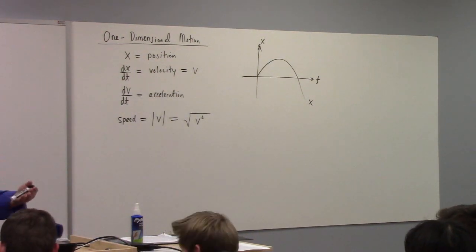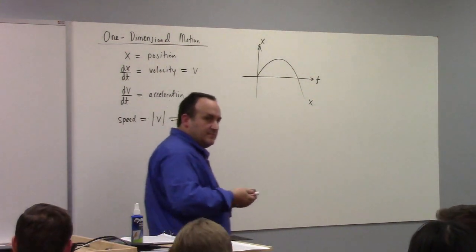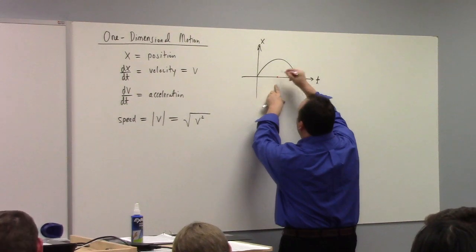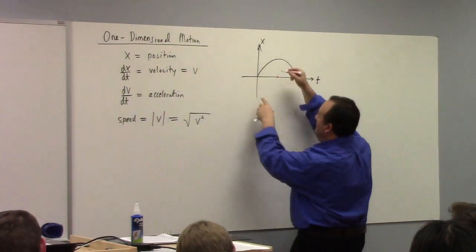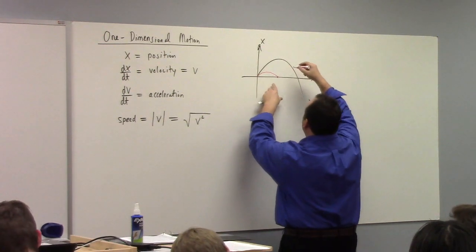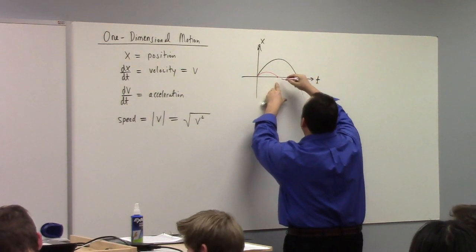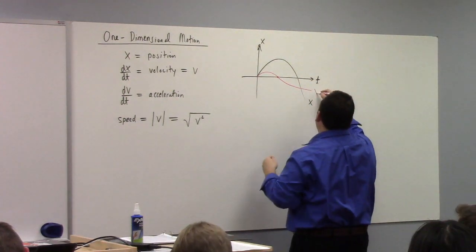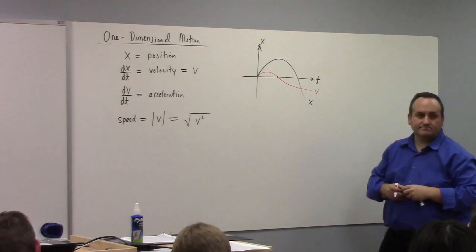The velocity is the derivative of the position, right? So it's apparently 0 right here. And it's increasing here. So I guess it does something like this. It's 0, it's decreasing, kind of levels off. Maybe this is the velocity graph.